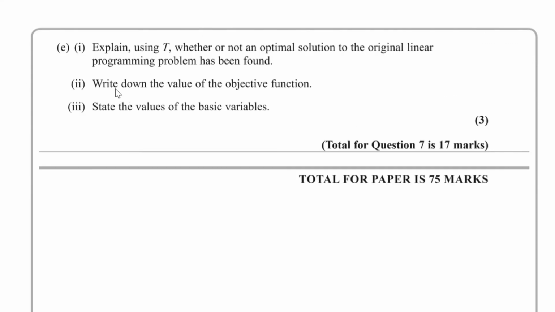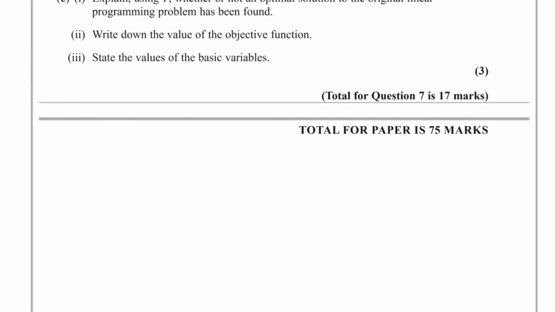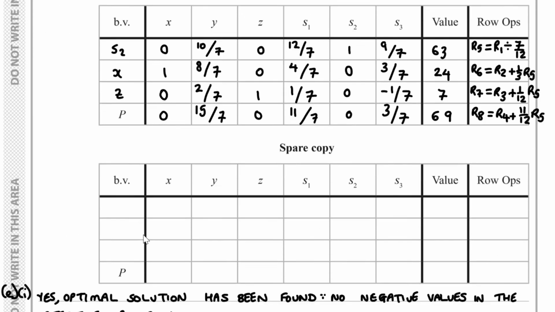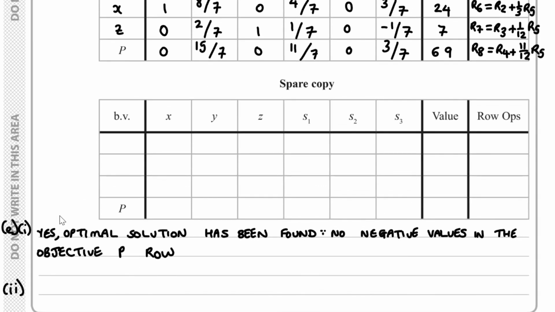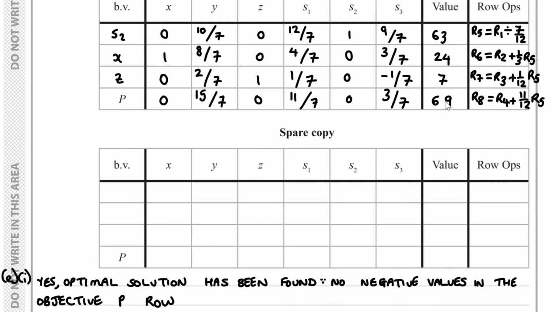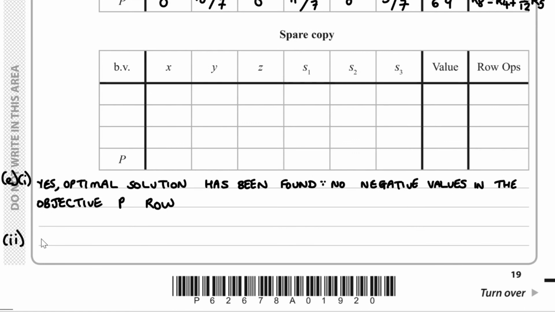And for the next part, we have to write down the value of the objective function and state the values of the basic variables for the third part. So, for the second and the third part, well, let's do the second part first. You'd find over here P to equal 69.